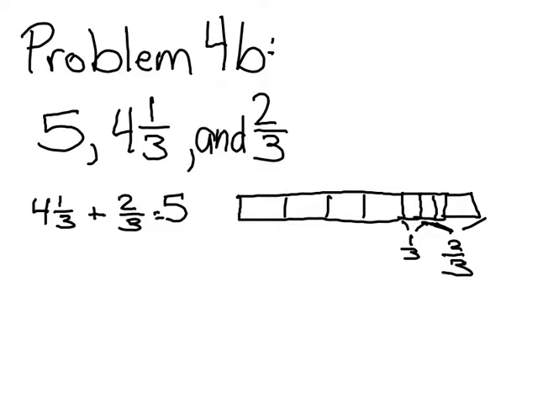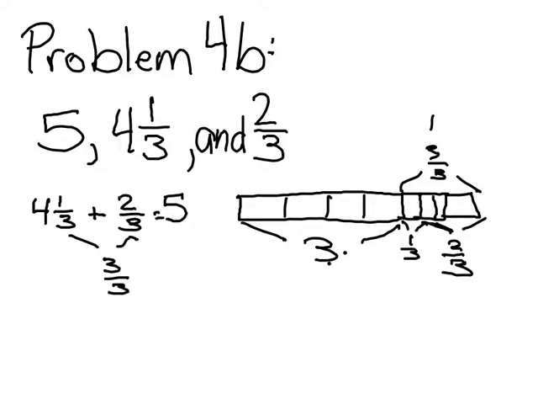And if I add up 2/3 and 1/3, I end up with 3/3, which is the equivalent of 1. So when I add up these two fractions, I end up with 3/3. And if I add this, it would be 4, and this would equal 5, because this one right there is 1.